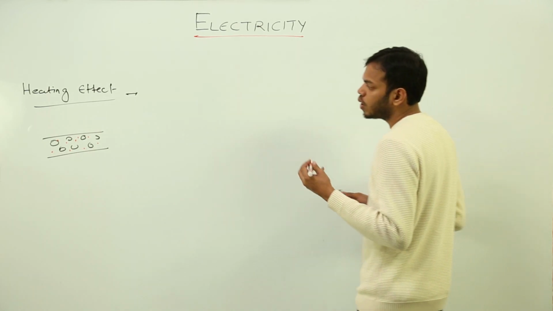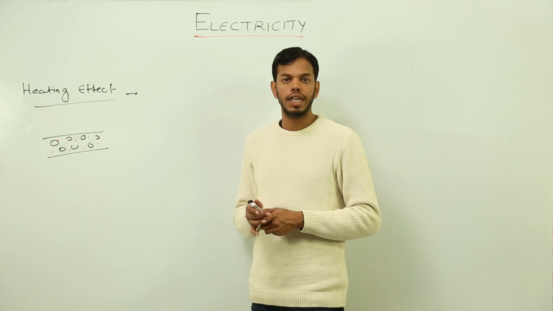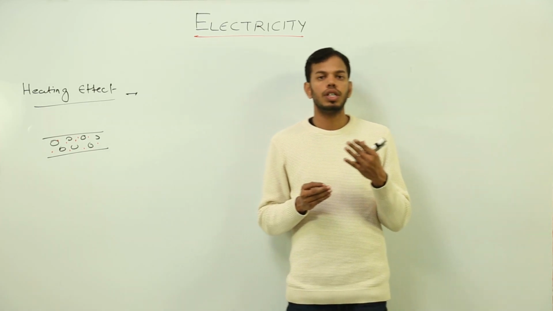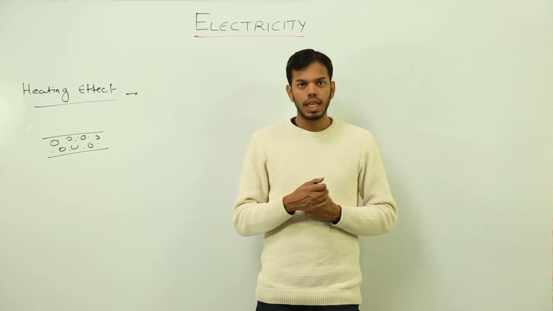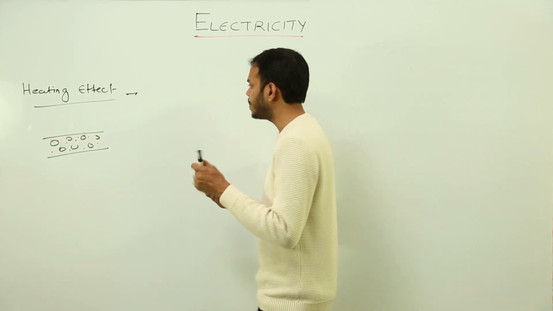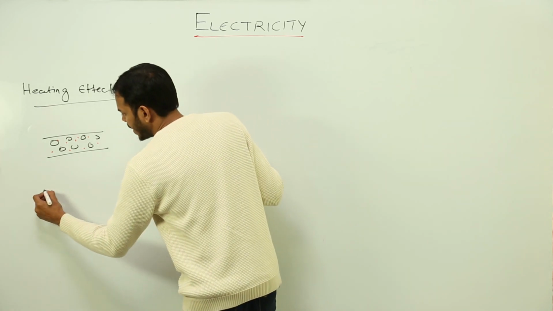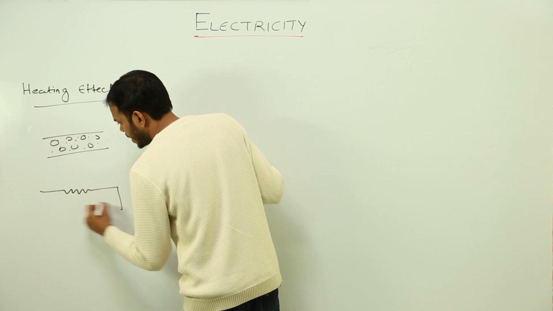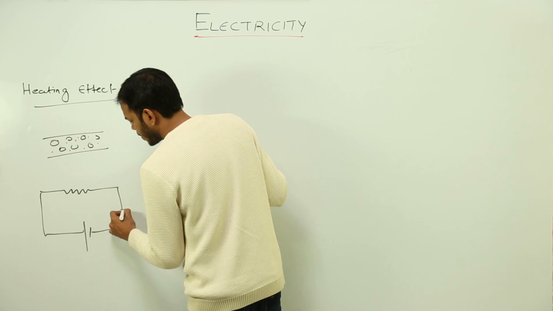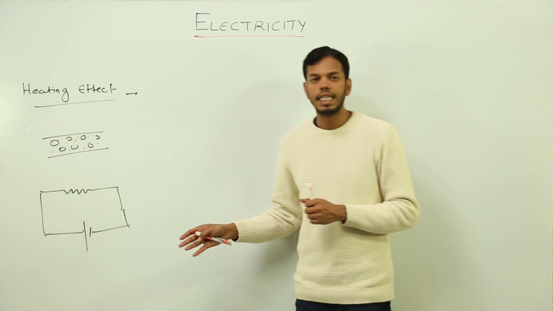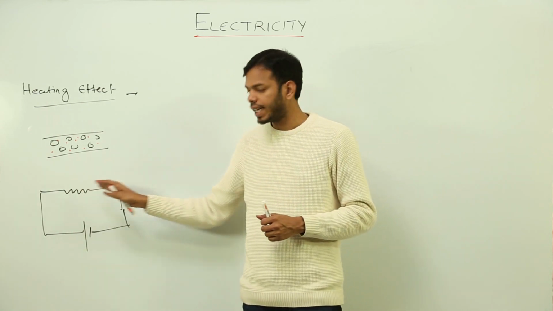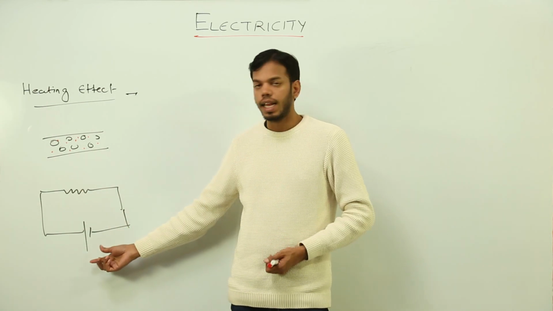So we must also have some formula for heating effect of current. See, I'll explain this again. We know that a cell, let me draw a circuit. Suppose there is a very simple circuit, this, and a cell. This cell provides the flow of current in this circuit, but this cell has what?